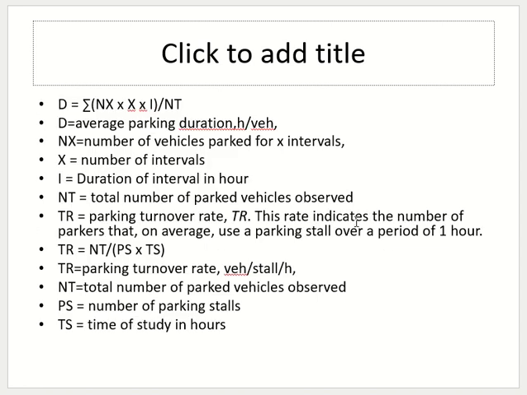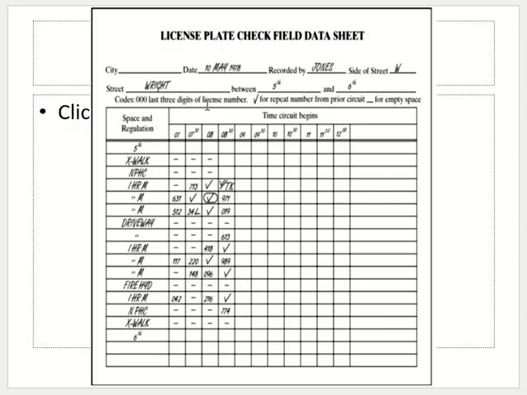Okay, once you collect this data, what do you do with it? You can calculate the average duration using this equation. So we are doing the summation of the number of vehicles for X duration, times the value of the duration X, multiplied by the duration of one interval. So in the previous case, the survey was done for 4 intervals.